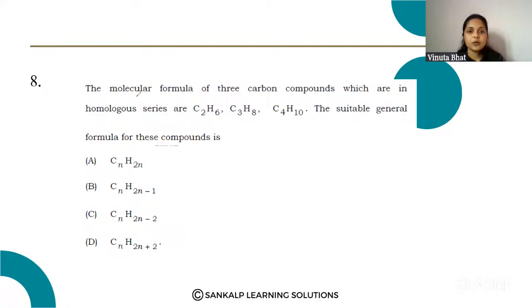The molecular formulas of 3 carbon compounds which are in homologous series are C2H6, C3H8, C4H10. The suitable general formula for this compound is, see here, C2H6, C3H8, C4H10. See the pattern.